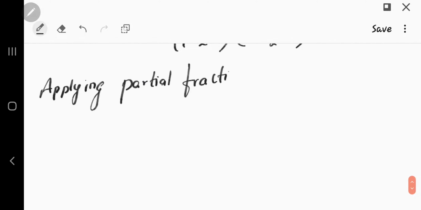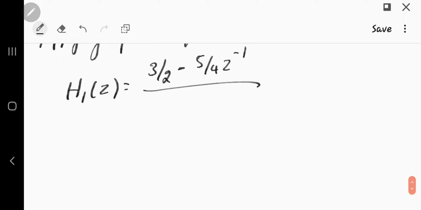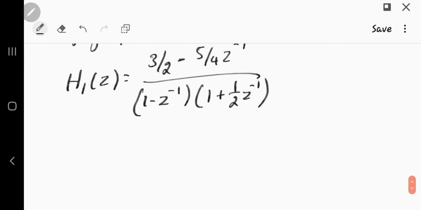So now applying partial fraction for the second term, we call that h1 of z, which is equal to 3 by 2 minus 5 by 4 z inverse divided by 1 minus z inverse and 1 plus 1 by 2 z inverse.